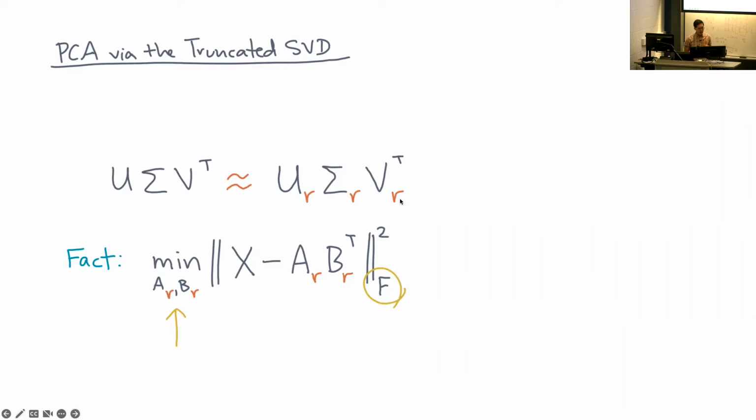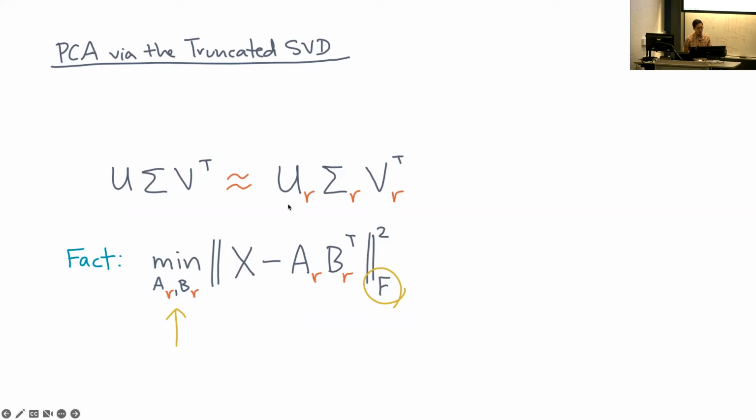If I take this rank R approximation and multiply it out so that I get a matrix back, and look at the sum of squared differences of all the entries, which is a special norm called the Frobenius norm, then in that measure the truncated SVD is the best such rank R approximation.